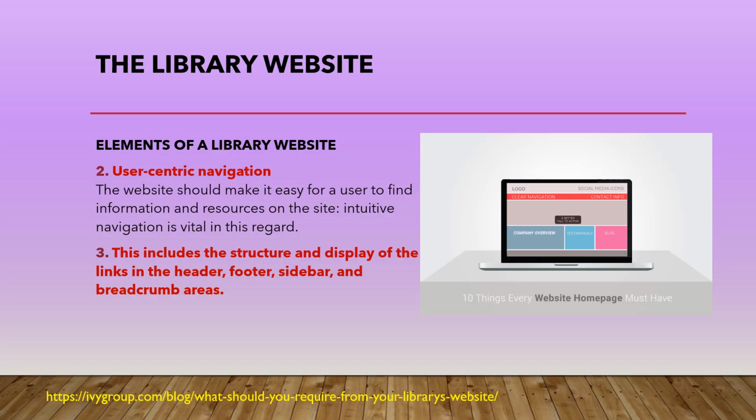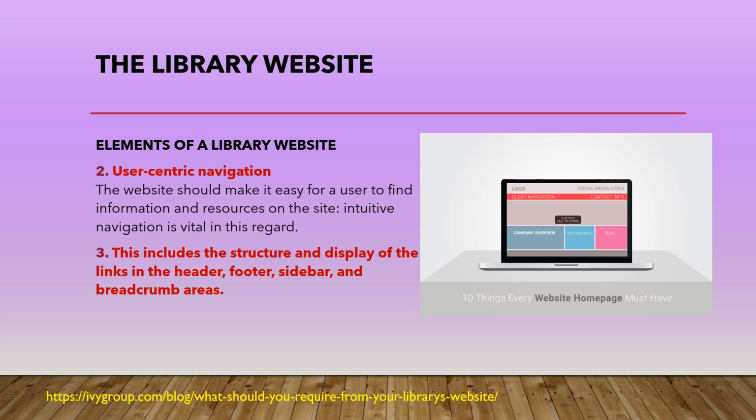Another element of a library website is user-centric navigation. So this means that the website should make it easy for a user to find information and resources on the site. So intuitive navigation is vital in this regard. So easy navigation basically. And third element is to enclose the structure and displays of links in the header, footer, sidebar, and breadcrumb areas.